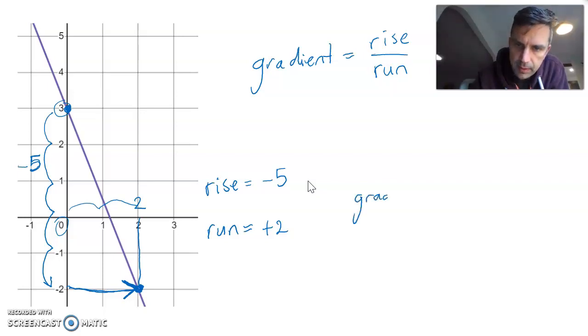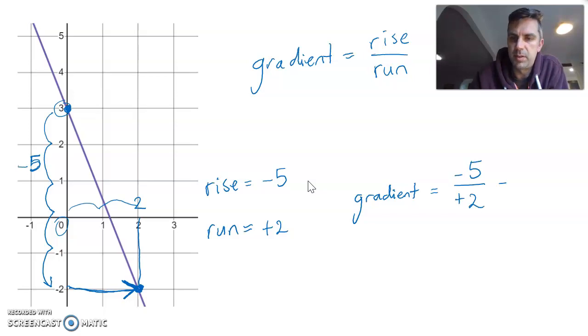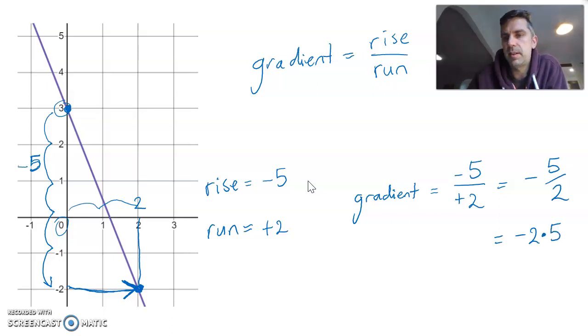So when we put that in to work out the gradient, the rise is -5 over +2, which works out to the fraction -5/2. Or if you put it as a decimal, which you wouldn't normally do, but you could, that would come out to -2.5. So that tells us that the line is actually sloping down.